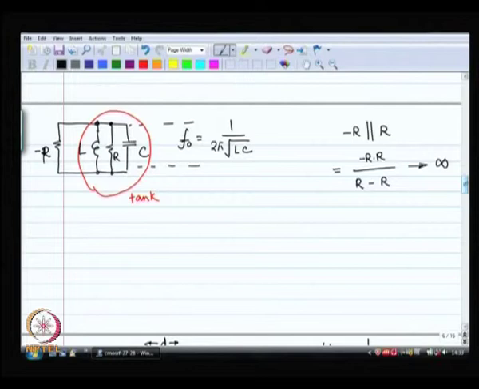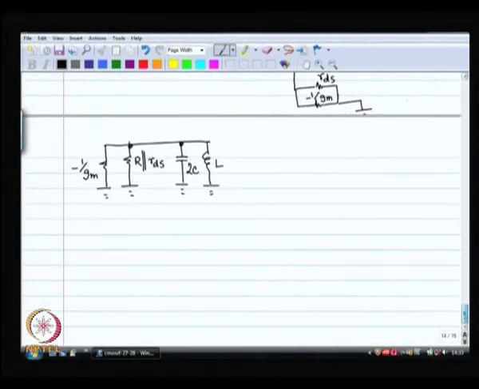This is how they nullified each other. It is almost like there is an infinite resistor in shunt, which is nothing in shunt, right. And you are left with a pure inductor in shunt with a pure capacitor.